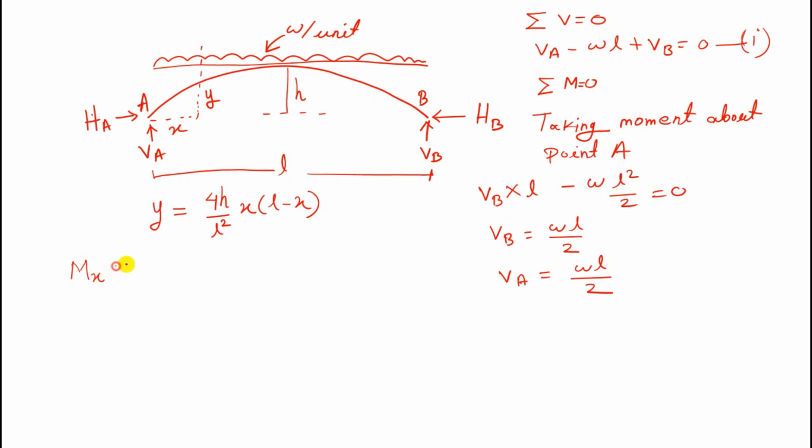So moment equals VA into x, VA equals WL by 2, into x minus W x square by 2.